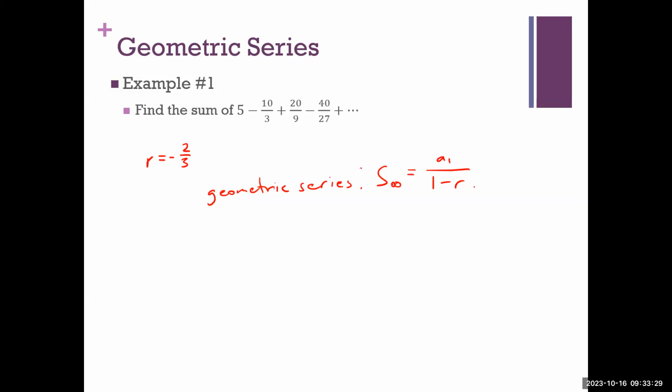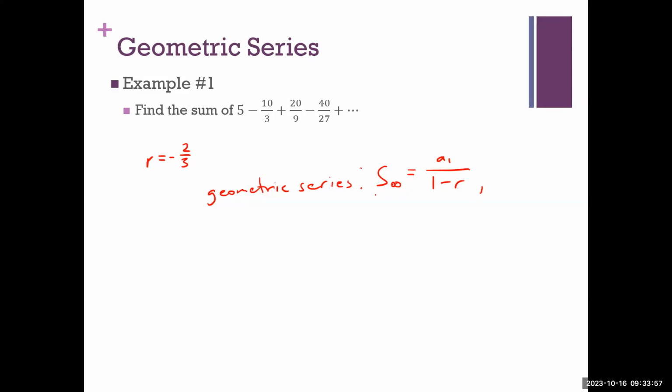Just to be really clear, I got to write this down. What are the restrictions for this formula to hold true? R cannot equal 1. Well, there's more. If R equals 5, it's nonsense.